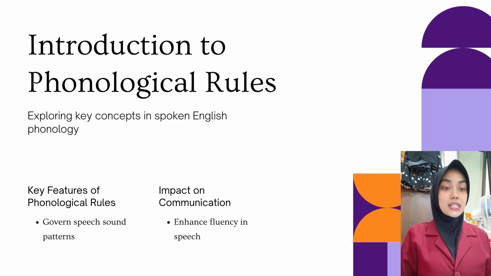Understanding these rules is crucial for effective communication. And the third one is shortening. One of the most common phonological processes is shortening, where long vowel sounds are reduced to short vowel sounds.